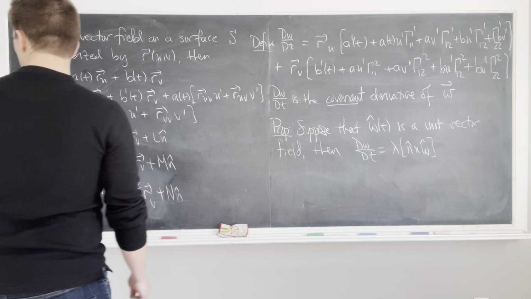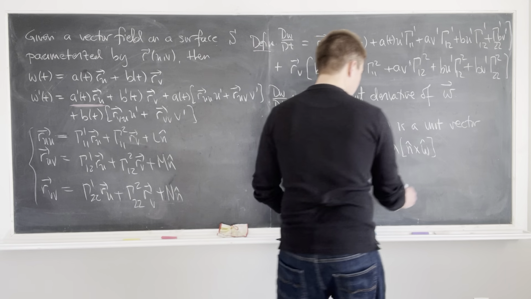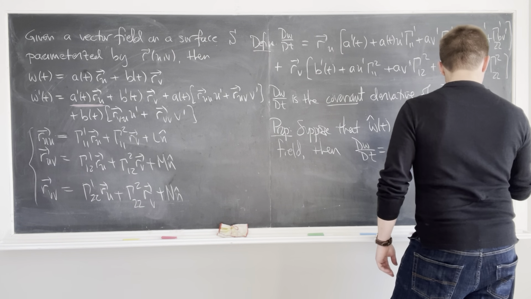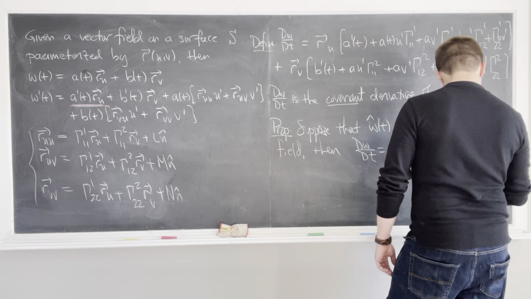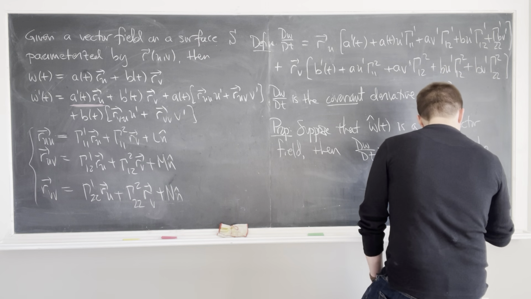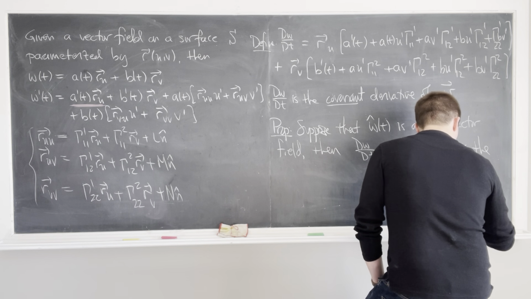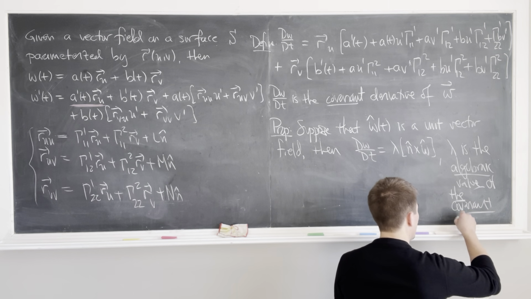Good. And this value lambda over here, so lambda is the algebraic value of the covariant derivative.